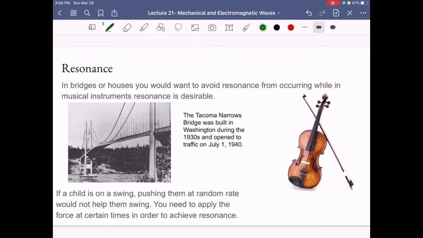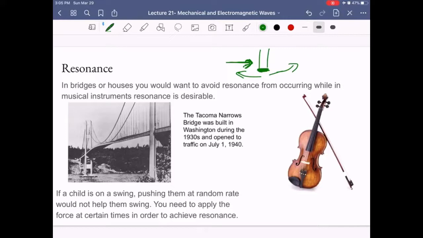So resonance is something we sometimes want to avoid, and sometimes we want it in order to achieve something. For example, if a child is on a swing and we try to push them in a random order, you wouldn't be helping this kid to oscillate, right?